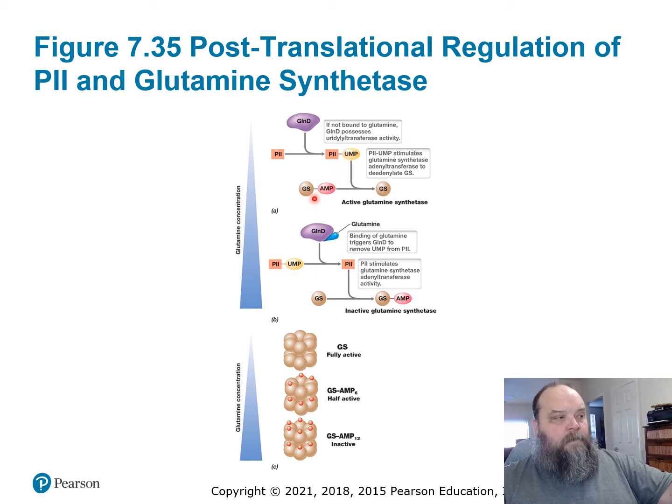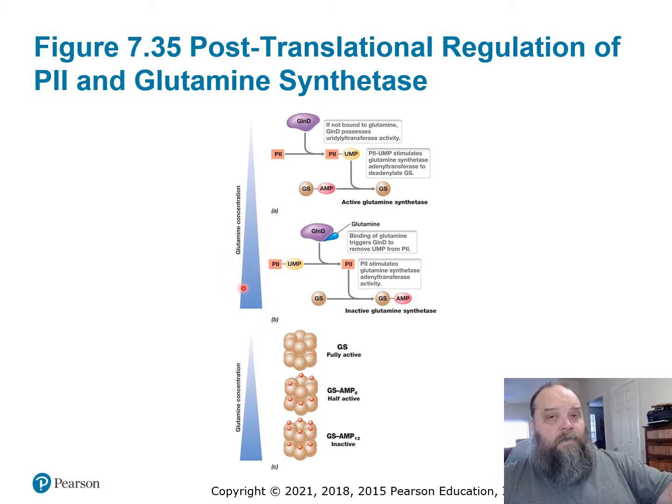This UMP interacts with GS-AMP, glutamine synthetase. It's going to remove the AMP group, which was inactivating GS, to make it active. And glutamine synthetase makes more and more glutamine, which means you're now increasing glutamine concentrations.